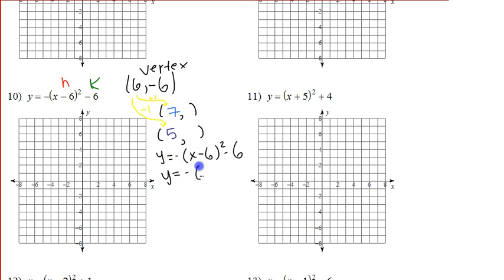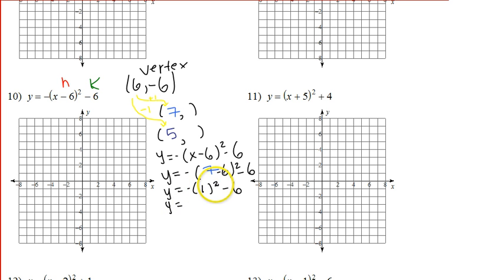Y equals negative on the outside, 7 minus 6 instead of x, minus 6 squared minus 6. Now we've got some math to do. We'll do the parentheses first. Y equals negative. 7 minus 6 is a 1. Squared minus 6. Don't lose this negative here. Y equals, we do the exponent.